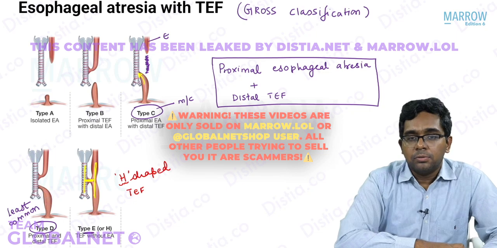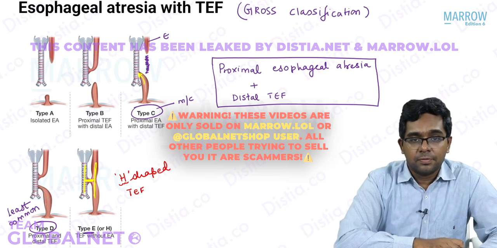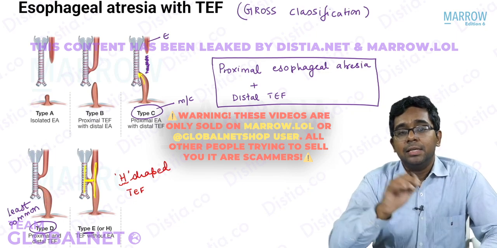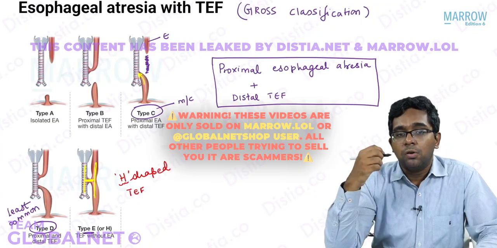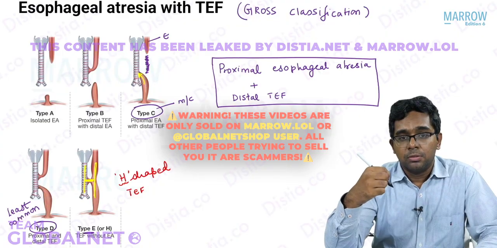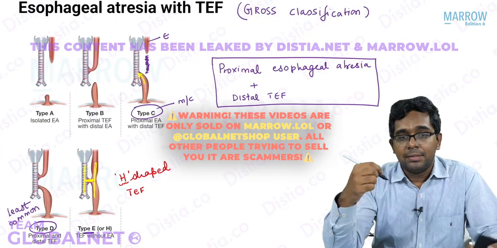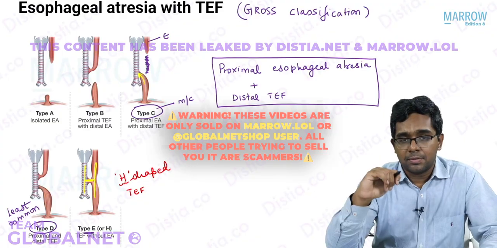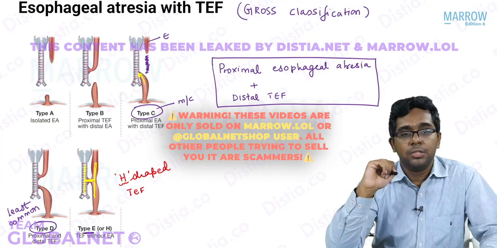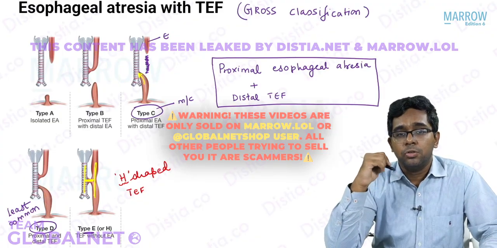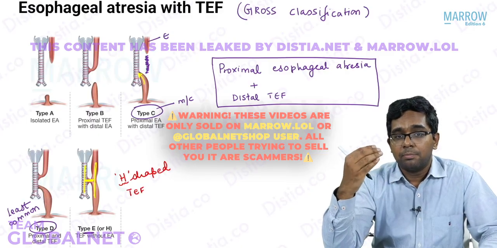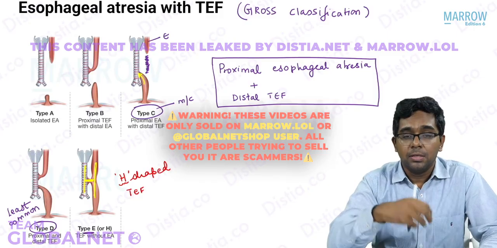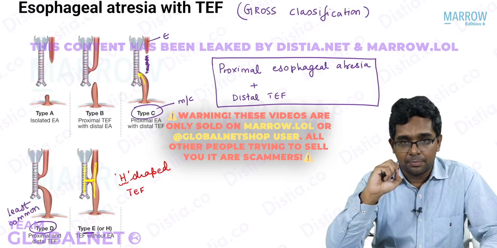So now how do you make a diagnosis of esophageal atresia? Very simple. In the newborn period, as a part of routine assessment of newborn, we always put a nasogastric tube to check for the patency, and then if indicated, we may take the X-ray also. In this particular condition, while putting the nasogastric tube itself, you will notice that there is a resistance because the tube cannot pass all the way down into the stomach due to esophageal atresia.